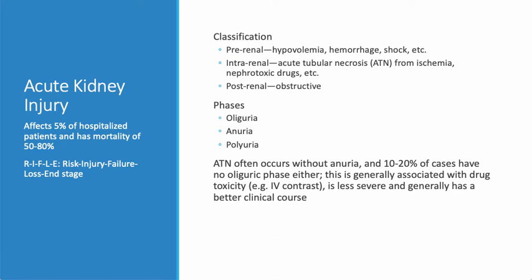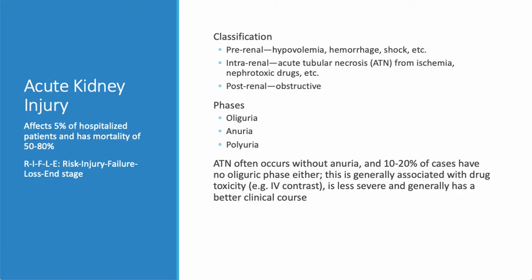And those are acute tubular necrosis primarily from ischemia or nephrotoxic drugs or nephrotoxic dyes, like contrast dye. Those things can cause necrosis of the renal tubules, and those cells slough off and they fall into the urine and they plug up parts of the nephron and cause a mess.